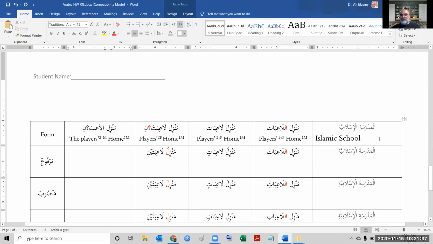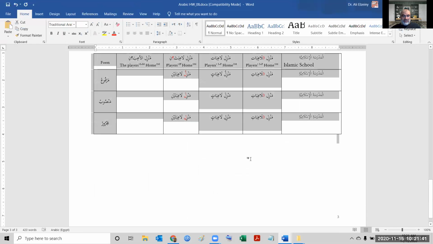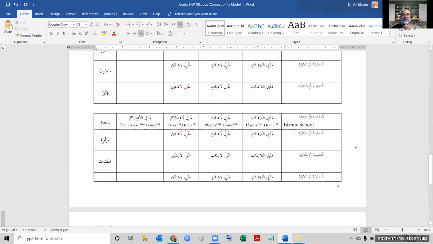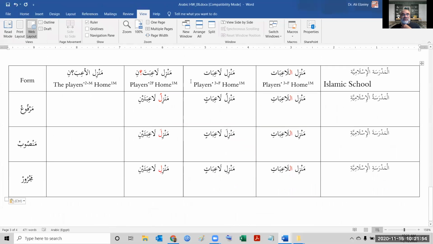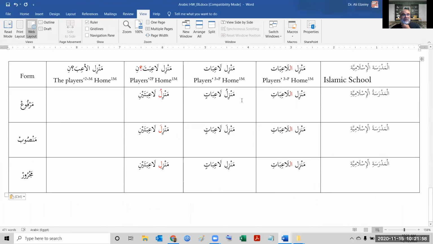Okay, now do we have room here? Yeah, we have room. So I can just copy this to here and make another table. And let's make the view web layout so that we don't have to worry about page breaks.